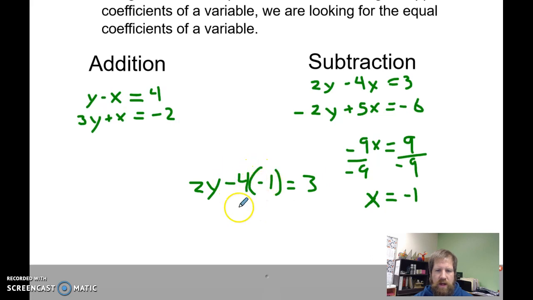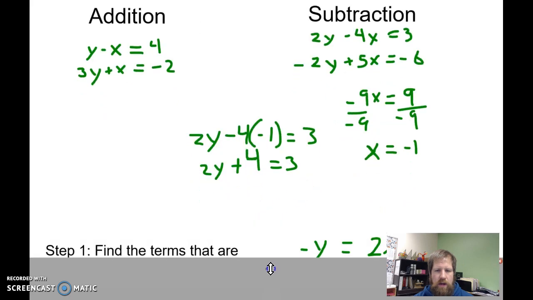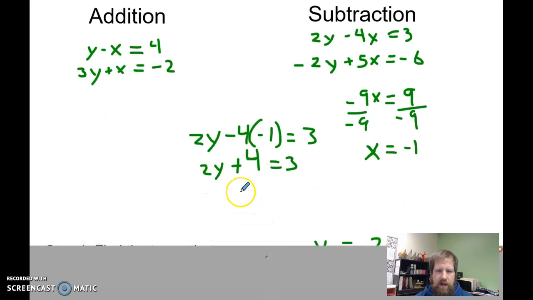Negative 4 times negative 1 is going to be 2y plus 4 equals 3. But now when I start to isolate y, I am going to go back and subtract 4 and subtract 4 and have 2y is equal to negative 1. So I'm back to a negative, but that's okay.